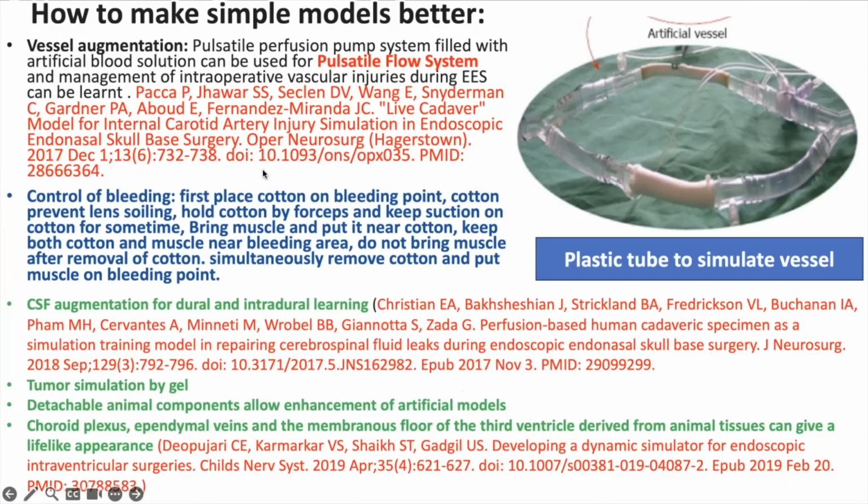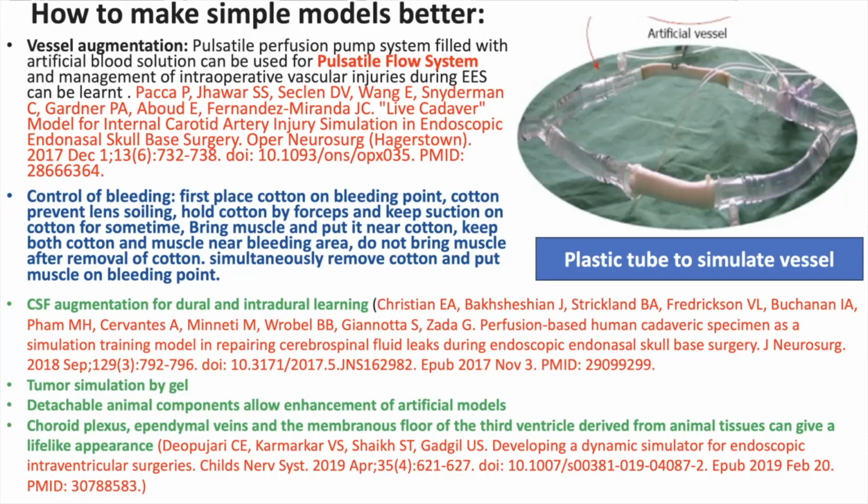The simple models can be made better. You can augment vessel. A pulsatile perfusion pump filled with artificial blood solution can be used for a pulsatile blood flow system, and management of intraoperative vascular injury during endonasal endoscopic surgery can be learned.